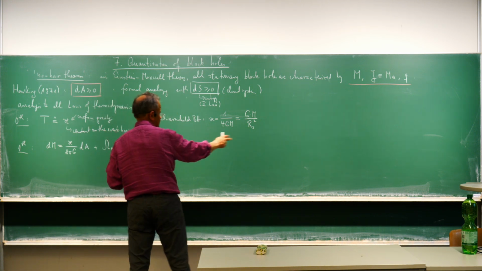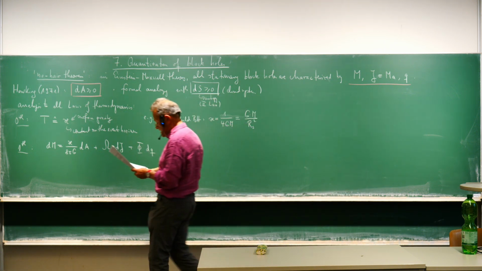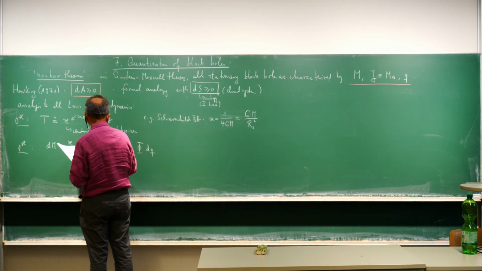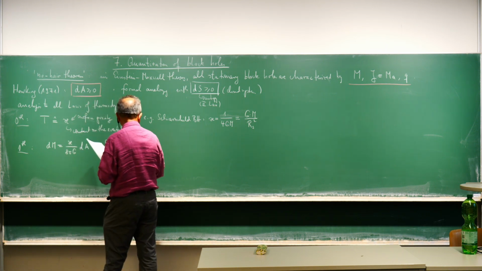J and Q have been introduced, so the electric charge and the angular momentum, if there's some. And this is the angular velocity, and this is the electrostatic potential.